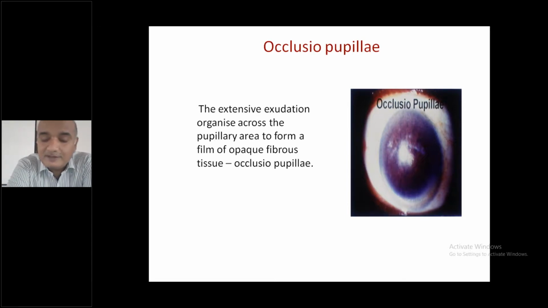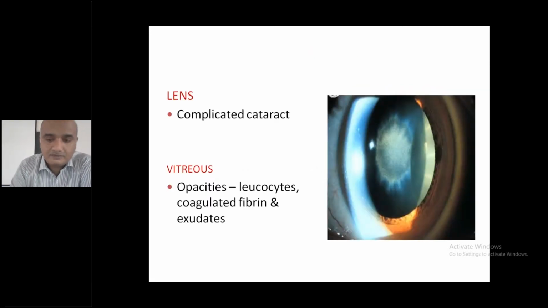In seclusio pupillae, the pupillary border is completely adhered, and the aqueous accumulates behind the iris and pushes the iris forward, and it is called iris bombé. Whereas in occlusio pupillae, the pupil is completely occluded, completely closed. So that is called occlusio pupillae.